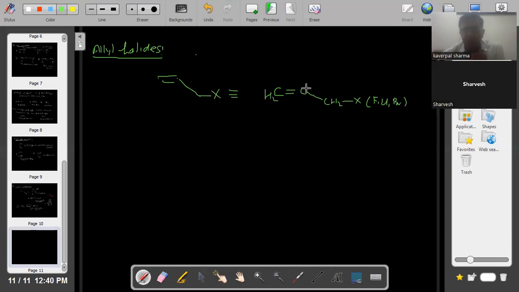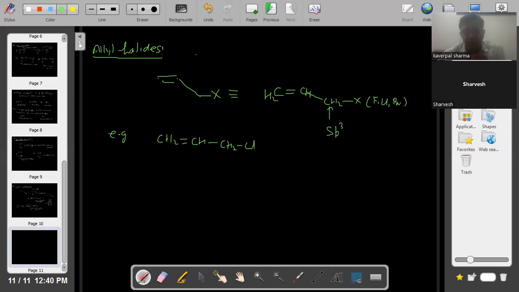Here is CH2, here is CH. So this carbon is sp3 hybridized. That is called allyl halide. Example, CH2 double bond CH, then CH2, then Cl.